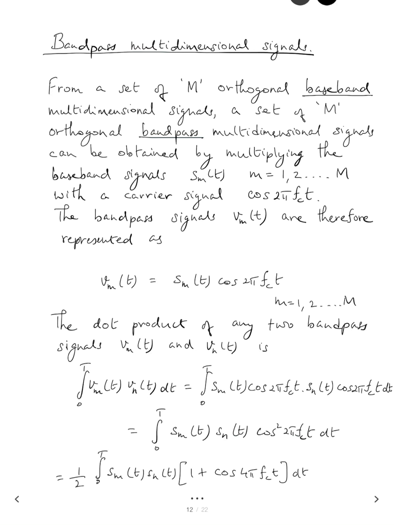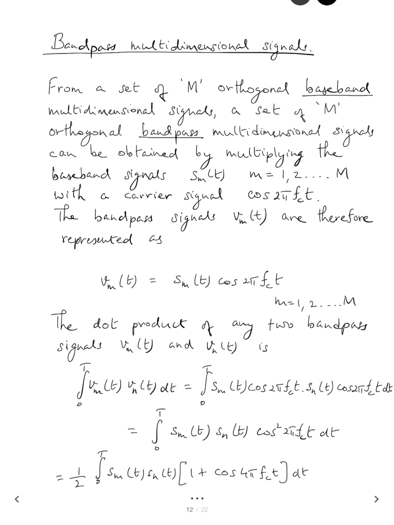respect to each other. Okay, so the previous session was restricted to multidimensional signals which were baseband. Now we will continue that discussion and take it further and consider bandpass signals which are multidimensional, and we will go on to show that if we construct our bandpass signals using orthogonal baseband signals, then the resulting bandpass signals would also be orthogonal.